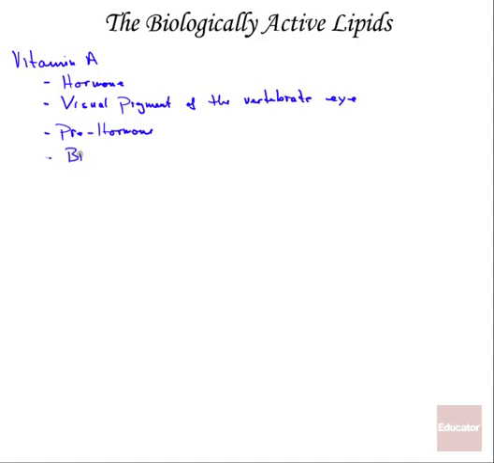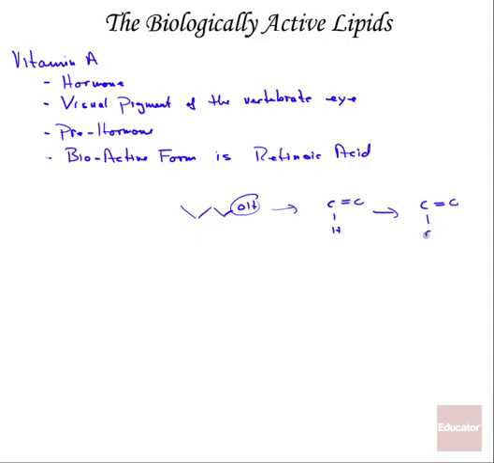And its bioactive form as a hormone is retinoic acid. So when you look at the molecule, you had that hydroxy at the end. Well, this thing is converted to an aldehyde, and then it's converted again to a carboxylic acid.